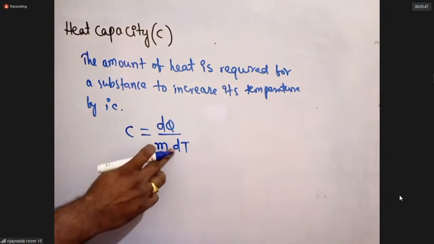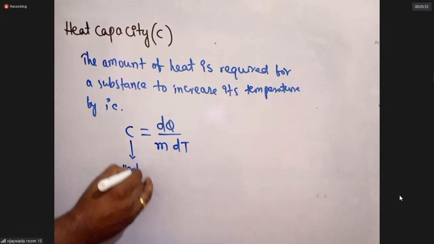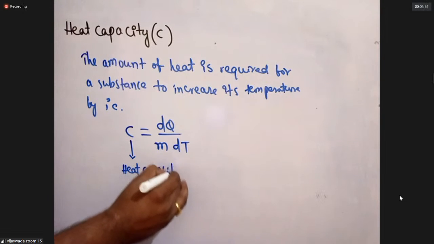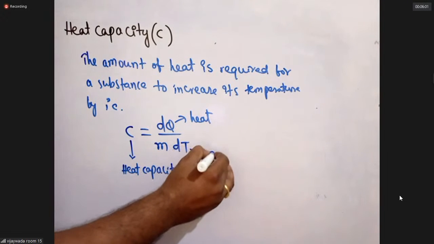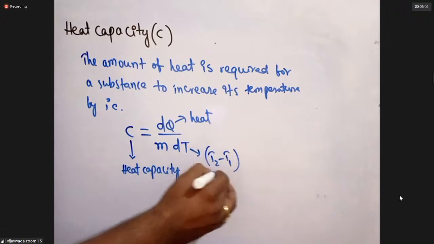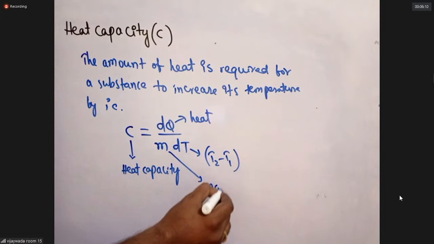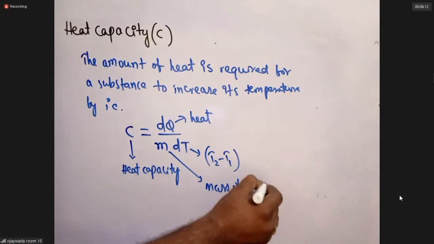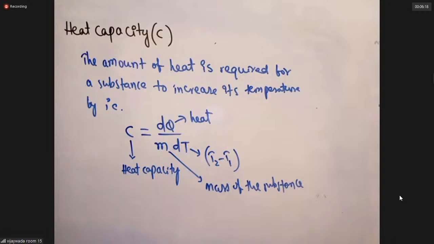Students, this is the formula for heat capacity, where C is heat capacity, dq is heat, dt is T2 minus T1, final temperature minus initial temperature, and m is the mass of the substance. I think you already studied this kind of formula in 10th class or 9th class, maybe.